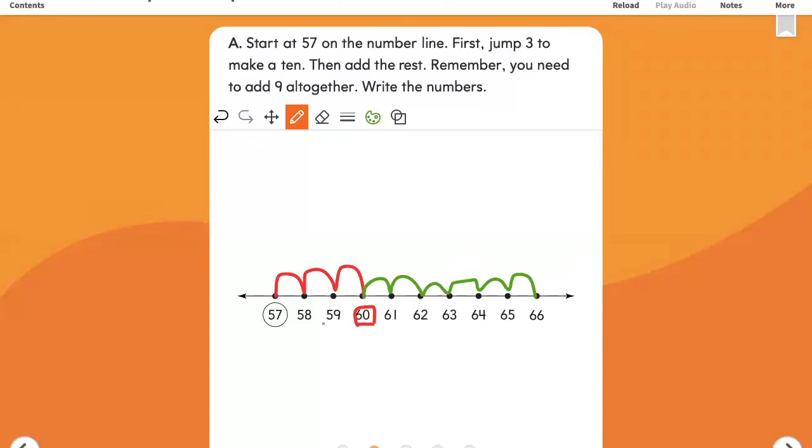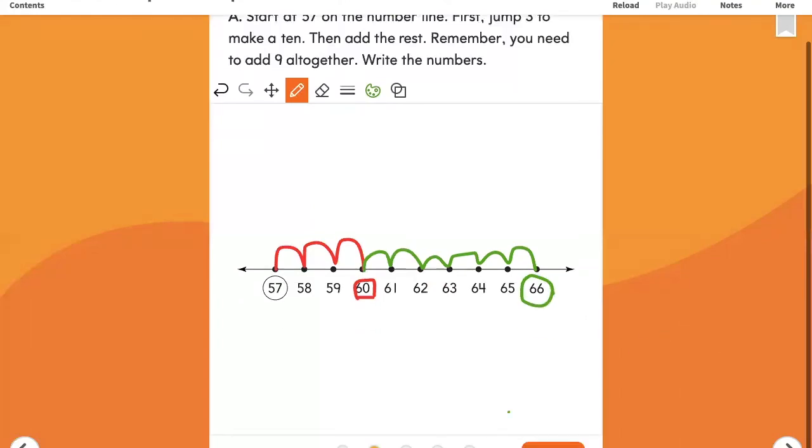Since I already added 3, I should have jumped 6 spaces. 1, 2, 3, 4, 5, 6, because 3 plus 6 equals 9. So we land on the number 66.